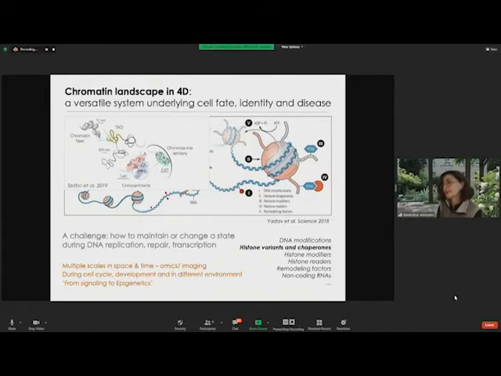I would like to stress one point, the difference between what I call signaling and epigenetics, because you can use the same type of modules. In one case, signaling can be short-term, while in the other, epigenetics is more stable, propagated through multiple cell divisions, and in some cases through generations in an organism.